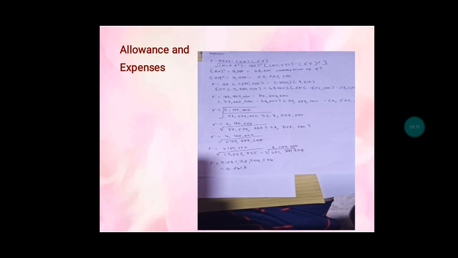Then si XY ko is 2,245,000. So yun, nilagay ko siya. So yung total of X ko is 8,000. Then the total of Y ko naman is 4,850.